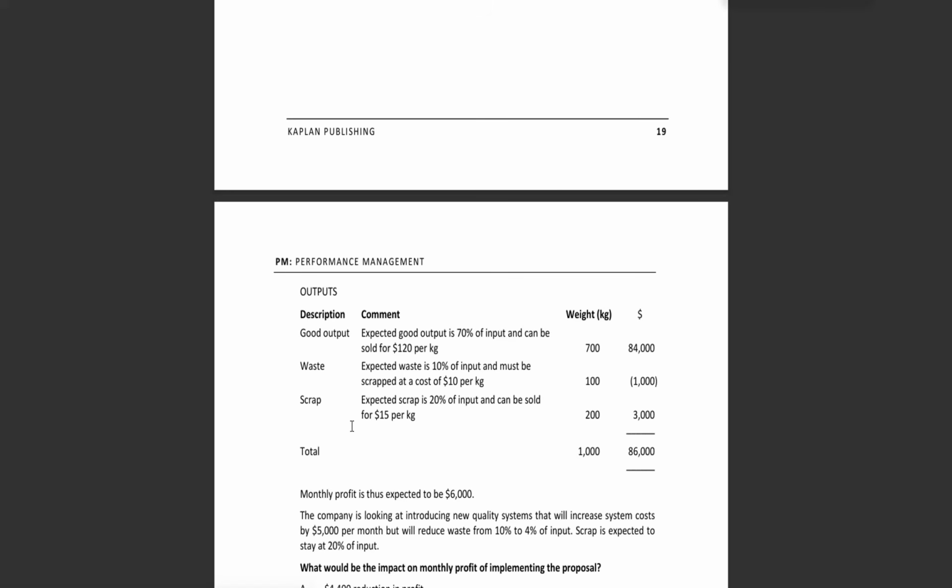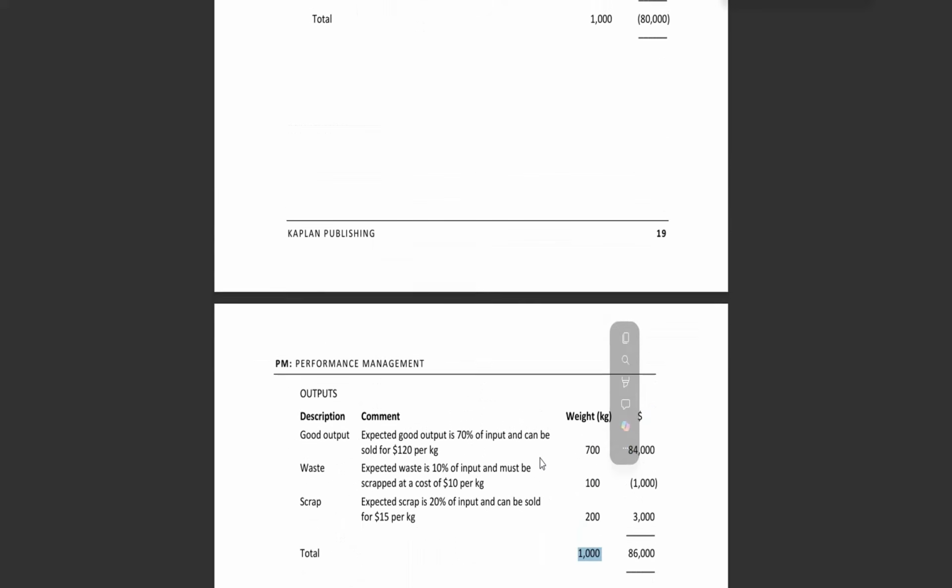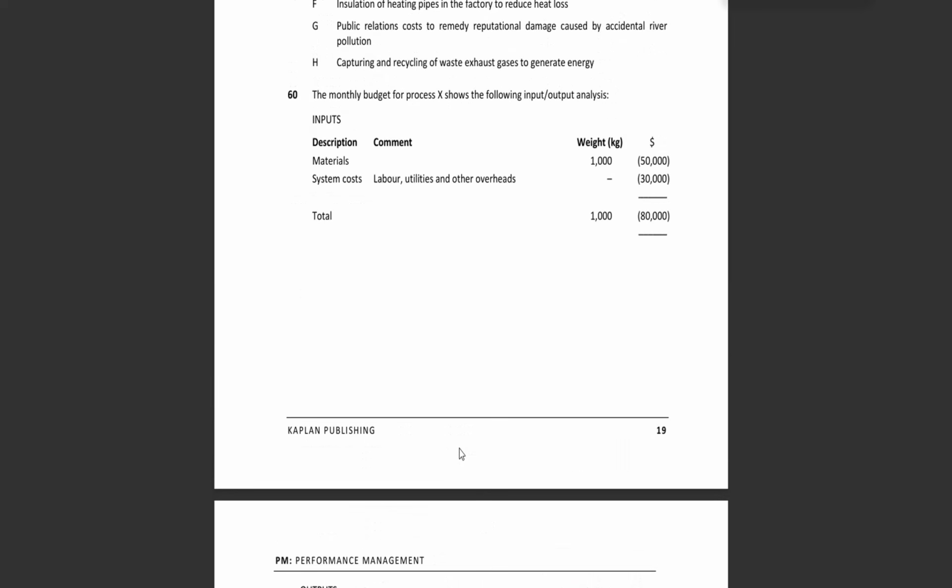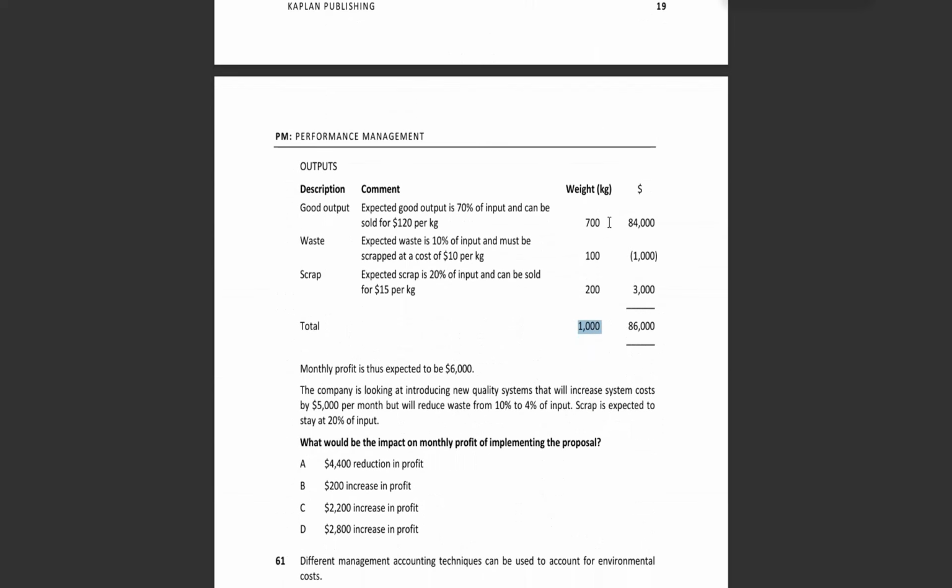So altogether, we have an income of 3,000. So altogether our input of 1,000 is equal to the output. Our input and output kgs should be equal. Okay. Now the monthly profit is thus expected to be 6,000.